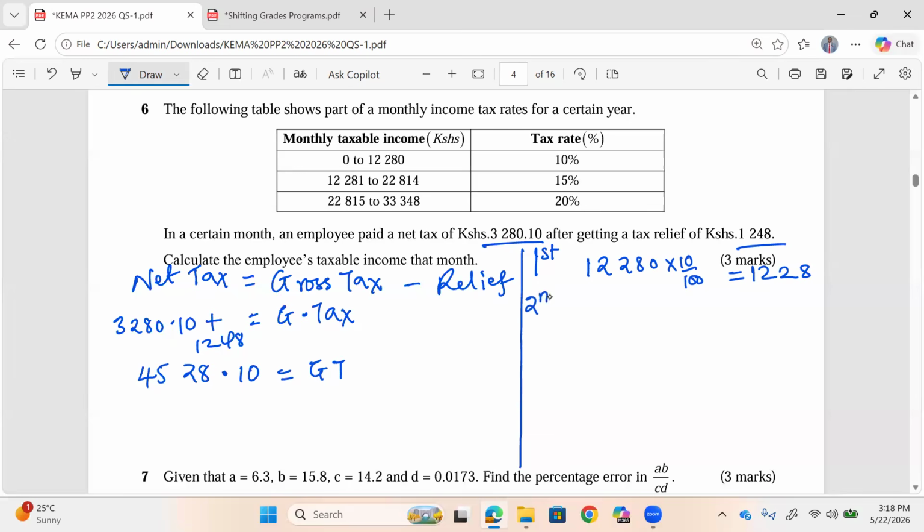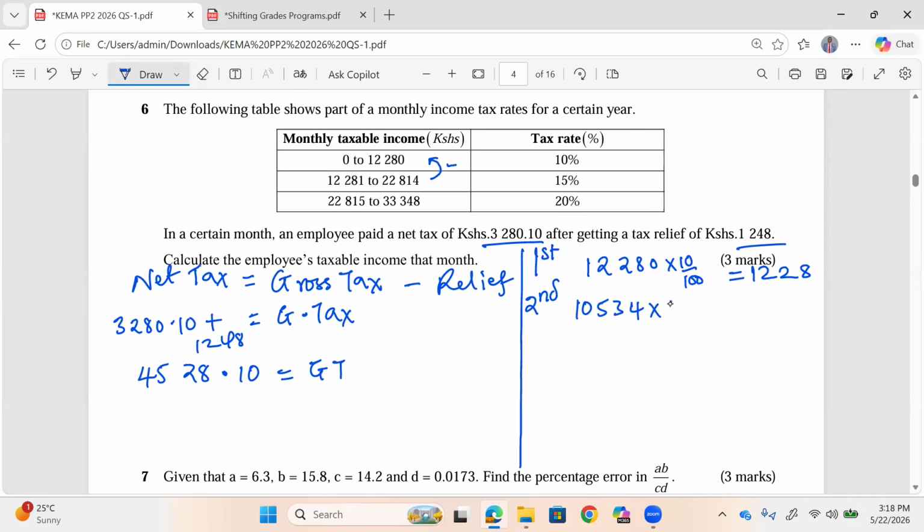In the second amount of tax, we subtract from the previous. So we pick the second limit, which is 22,614, and we subtract 12,080. I'm getting 10,534.